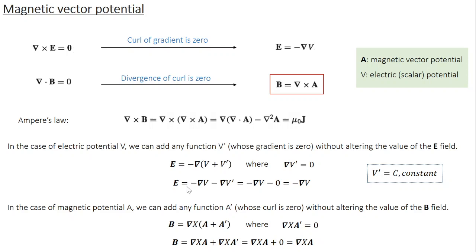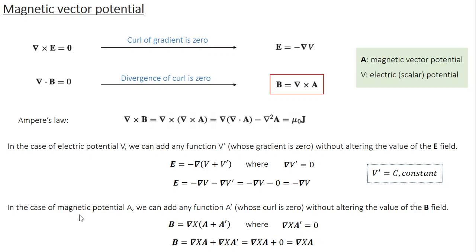Now expand this, E equal to minus grad V minus grad V prime, but grad V prime equal to 0. So this is minus grad V minus 0, which is minus grad V. So addition of V prime doesn't change the characteristics of the electric field. Now an example for such a V prime could be any constant, because you know that in the case of any constant, the gradient is always 0.